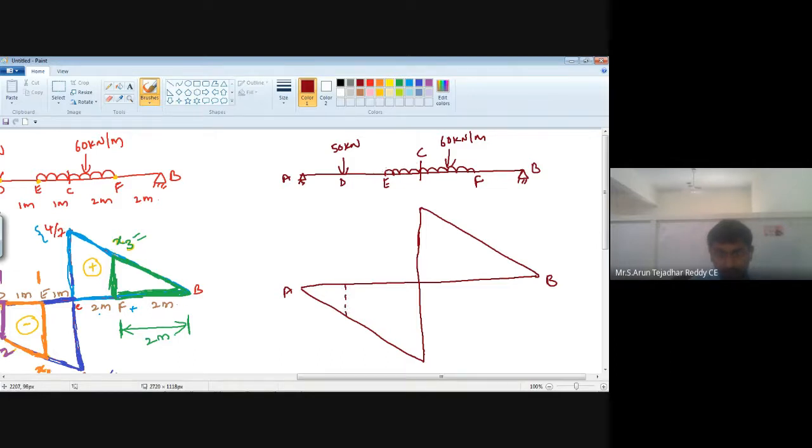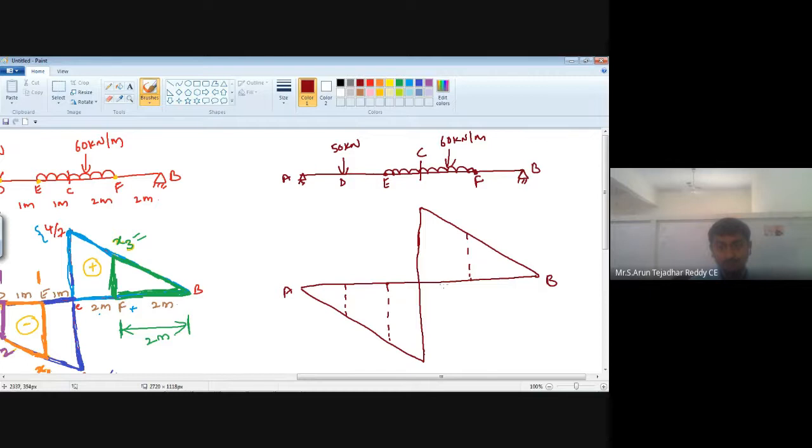Next your UDL is acting from point E to point F. So at point E draw one line, and at point F draw one line.